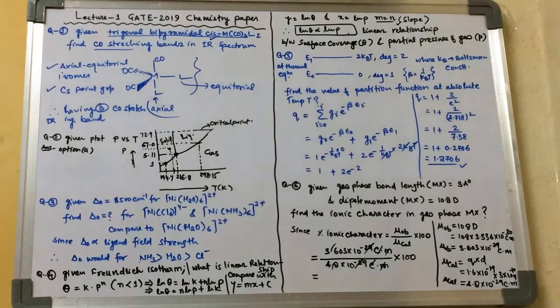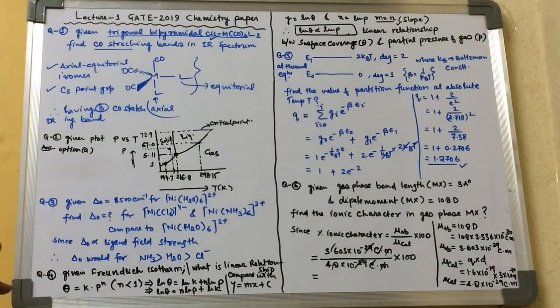So here the ligand field strength for the ammonia case is more than water, which is more than chloride ion. So you can easily now compare. Here I have written the field strength order, so the delta value for the ammonia case will be more.